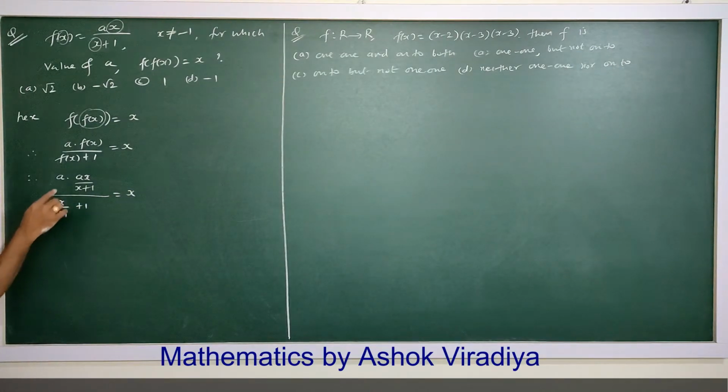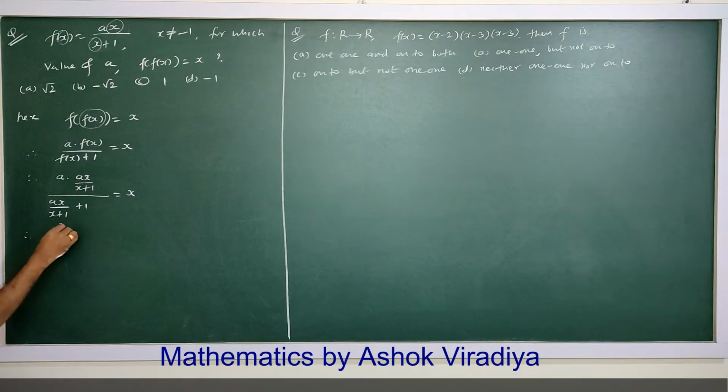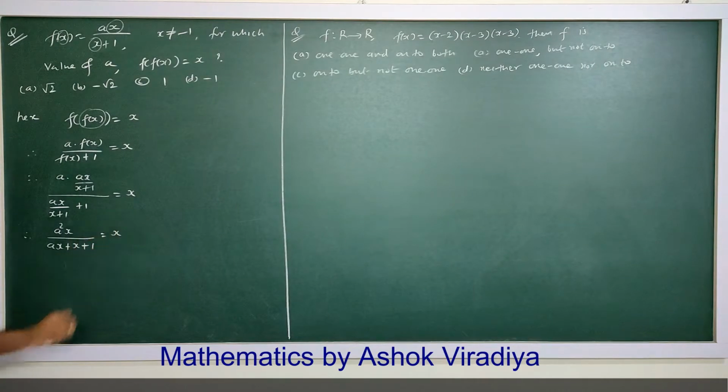Therefore this will be a²x upon ax plus, multiplying here, x + 1 into 1 is x + 1, equal to x.